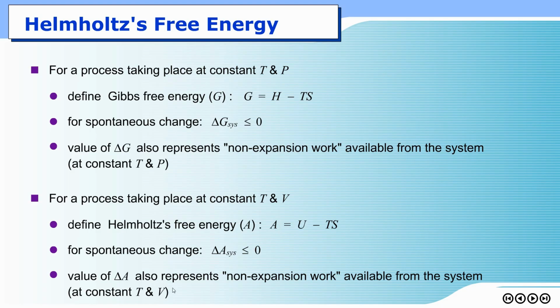For instance, the phase change, the boiling of water, occurs at constant pressure. It does not occur at constant volume. So this relationship for Gibbs free energy will be used more frequently in thermodynamics, especially in the next course, Thermodynamics II, which considers mainly phase equilibrium. Then Gibbs free energy will be used throughout that course.